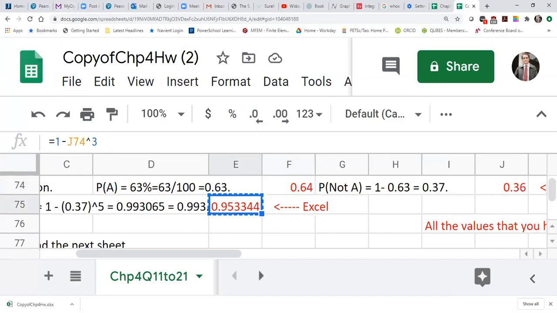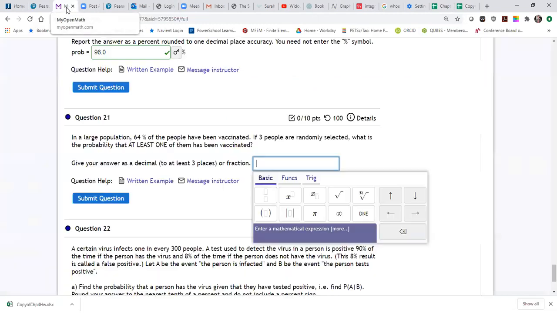So your answer will be at least 3 decimal places, so you can put something like 0.953344. Because it says at least, you can put all of them.